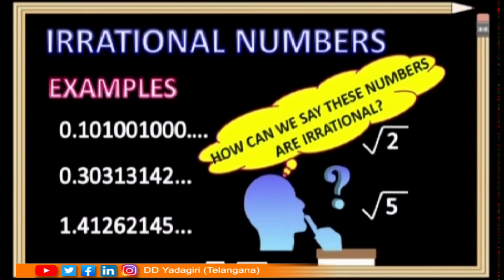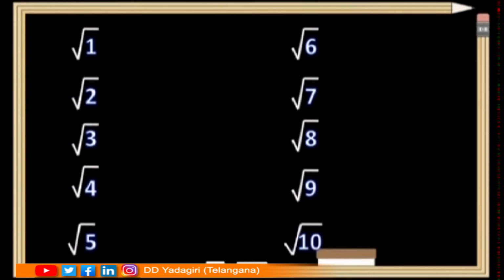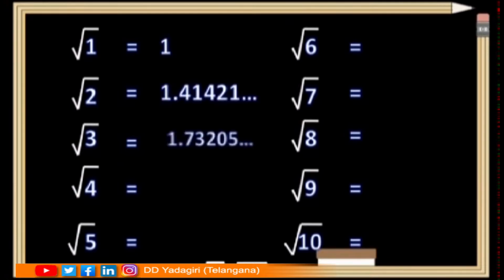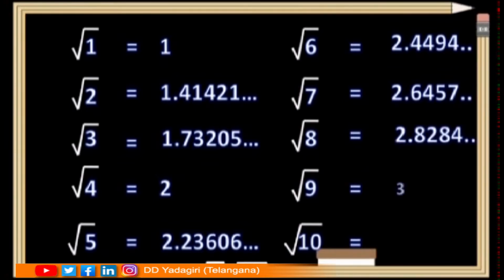Like roots, how can we say these numbers are irrational? Here I am taking the first 10 natural numbers: 1, 2, 3, 4, 5, 6, 7, 8, 9, 10. Then I am applying the square root to all the natural numbers. Then estimate the values. These are the values of the square roots of the first 10 natural numbers.